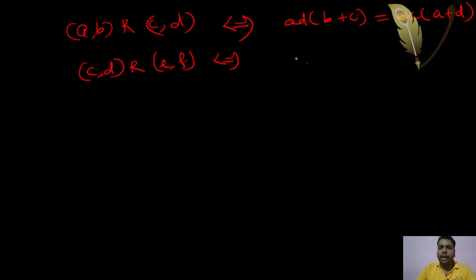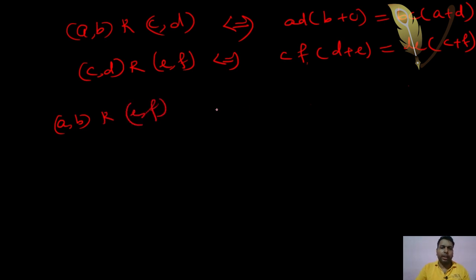So we have ad(b + c) equal to bc(a + d), and cf(d + e) is equal to de(c + f). We need to prove (a, b) is related to (e, f). We need to prove this.